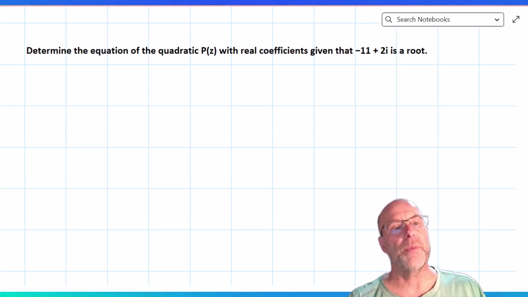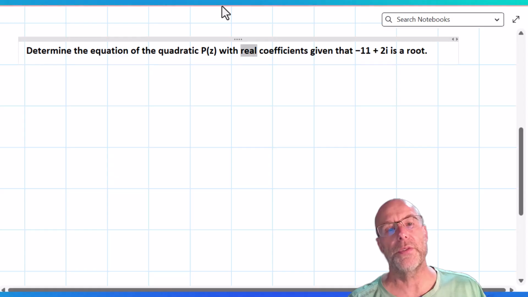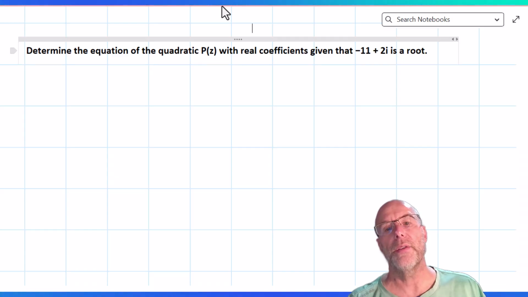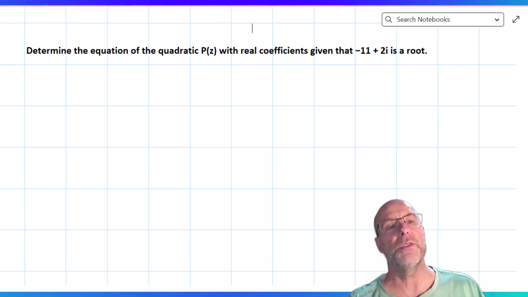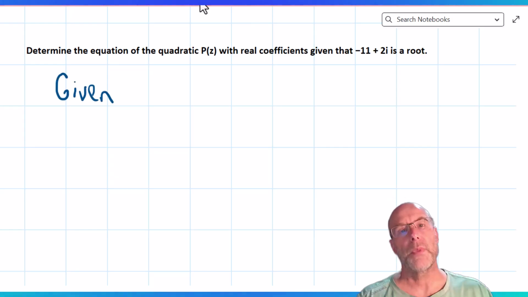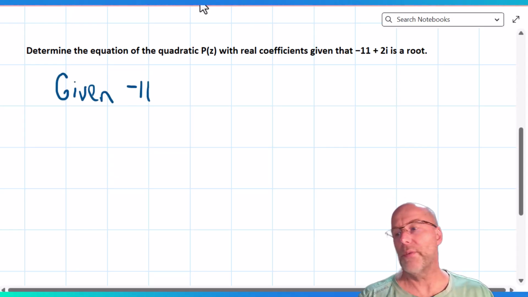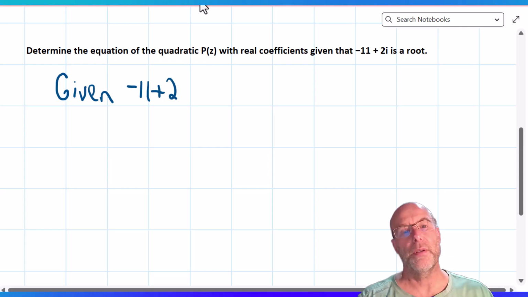So as an example, determine the equation of the quadratic polynomial p of z with real coefficients, which is important. It's got real coefficients, and we are given some information that negative 11 plus 2i is a root or a solution of the quadratic.